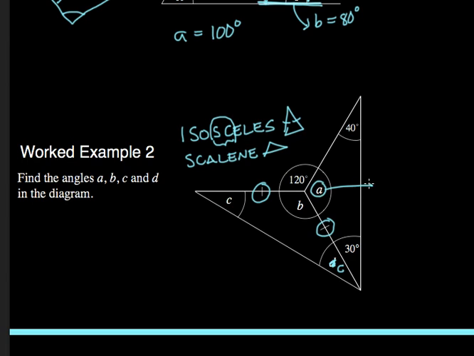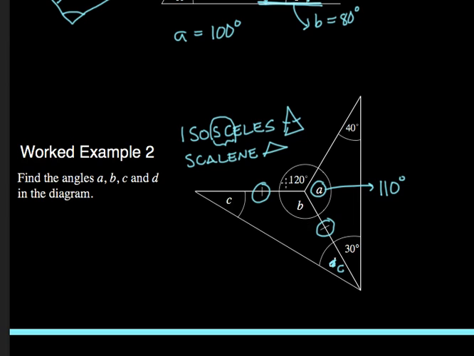Normally in test questions it'll ask for A, B, C and D, and it indicates that you should find A first. Can we do that? Yes, because in our triangle over here, in total we've got 180 degrees, and the 40 and the 30 add up to 70, leaving A to be 110 degrees.